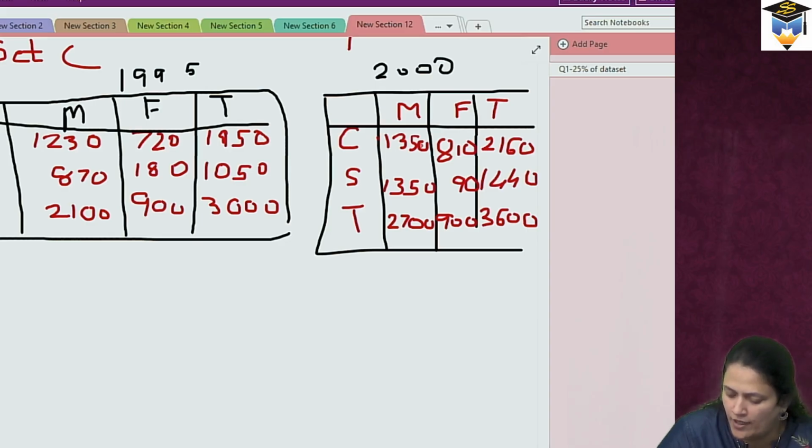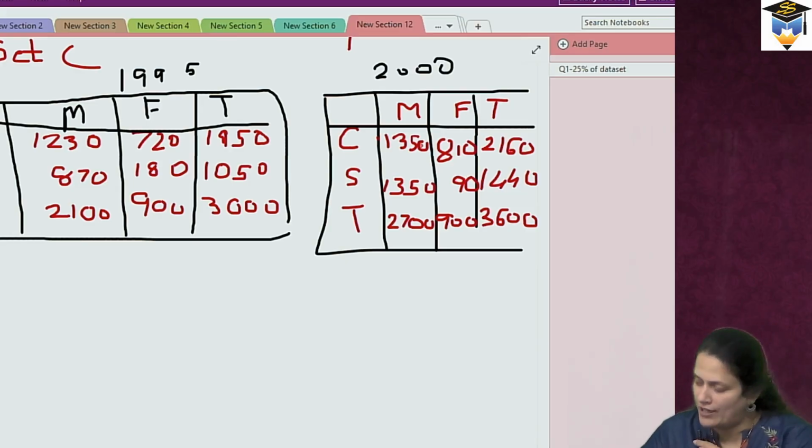70% are male, so 70 upon 100 into 3000. Calculate the amount. They have given us that in 1995, 70% are male, which means 70% of the total are male.